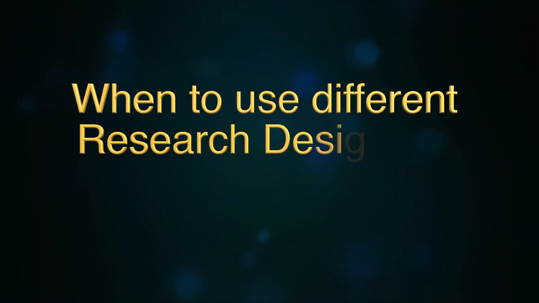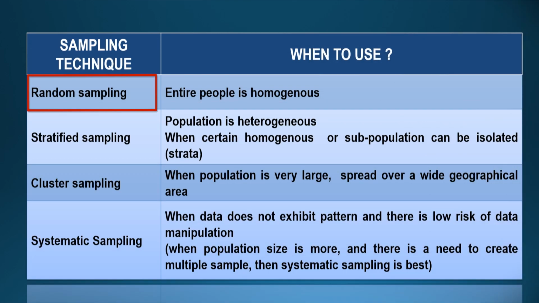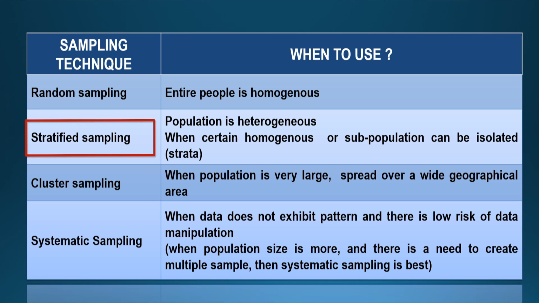So when to use different research designs in probability sampling? Random sampling is used when the entire population is homogeneous. Stratified sampling is used when the population is heterogeneous, when certain homogeneous subpopulations can be isolated, and that set is considered as strata.